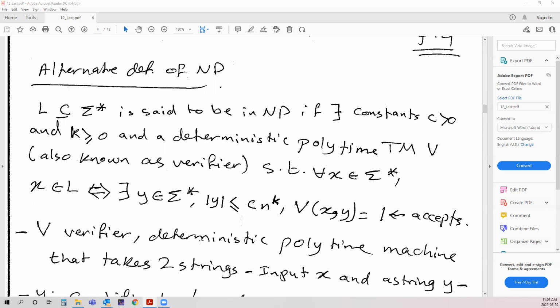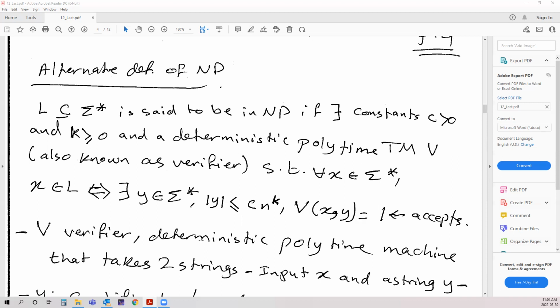It is said to be in NP if there exist constants C greater than 0 and k greater or equal to 0, and a deterministic polynomial time Turing machine V, also known as the verifier, such that for all x belonging to alphabet star, x belongs to L if and only if there exists y belonging to alphabet star, where the length of y is less or equal to Cn to the power k, and V of x and y equals 1, which means accept.